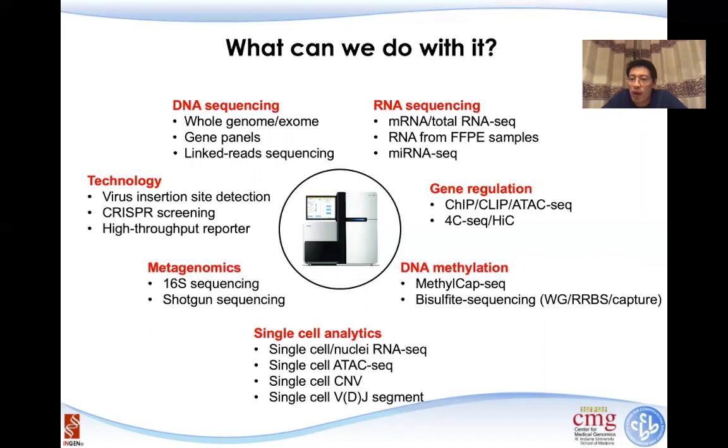To support gene regulation, we can do ChIP-seq, CLIP-seq, ATAC-seq, and also for chromosome looping, 4C and Hi-C technology. For DNA methylation, there are several different assays that we can do, including MeDIP-seq and MethylCap-seq, as well as bisulfite-based sequencing. We can do single-cell analytics.